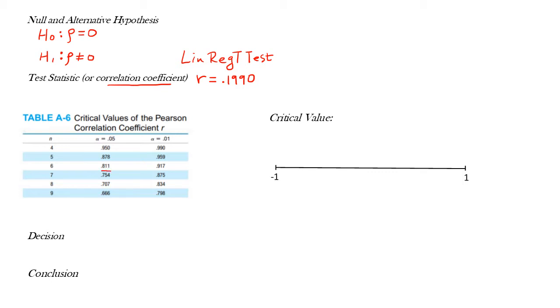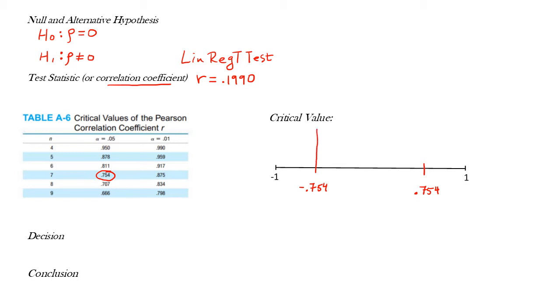So we're going to use a critical value of 0.754. So clearly, in this case, the correlation coefficient that we computed is not going to be outside that region where we can reject the null hypothesis.